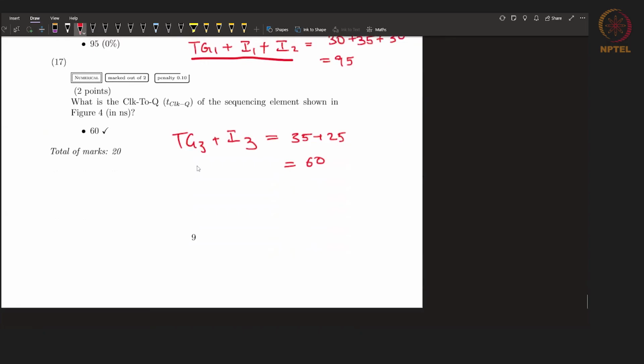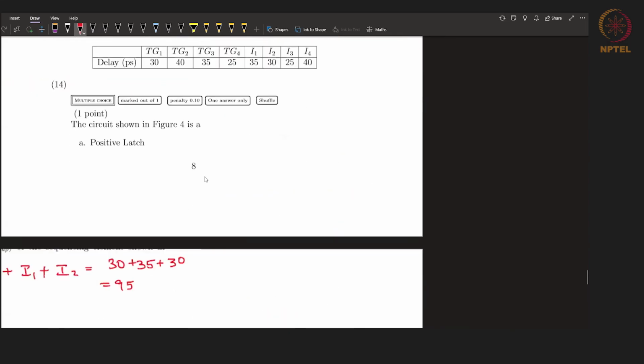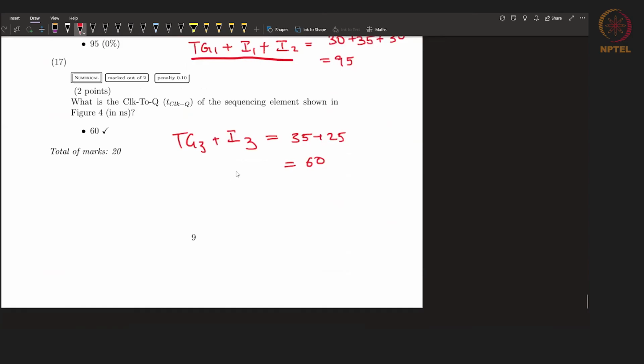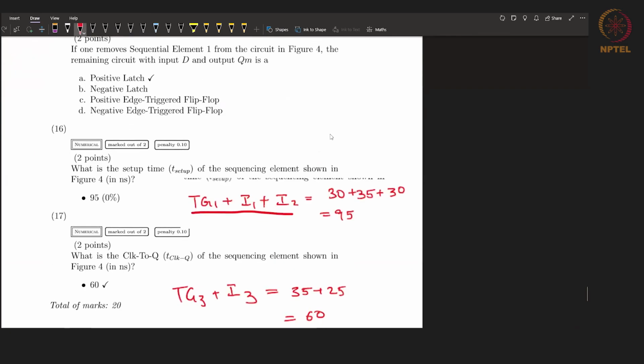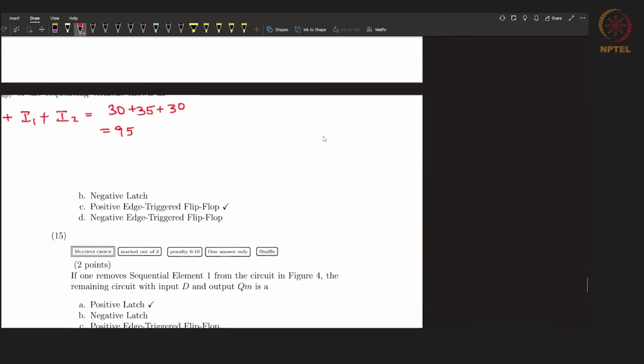What is the T clock to Q of the sequencing element shown in figure 4? TG3 plus I3. As soon as you give the clock, what is the clock to Q? TG3 plus I3. I3 is where you have your output being flowed.